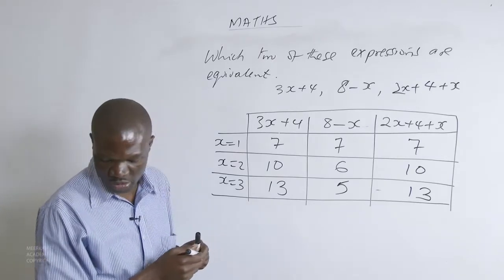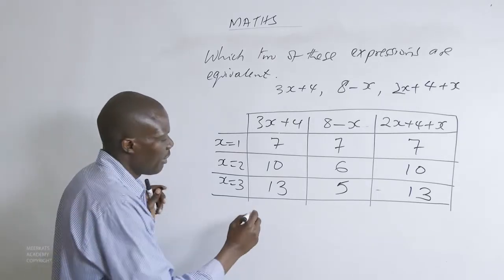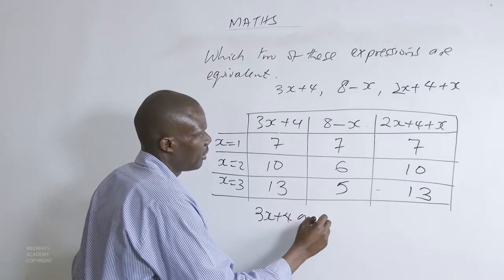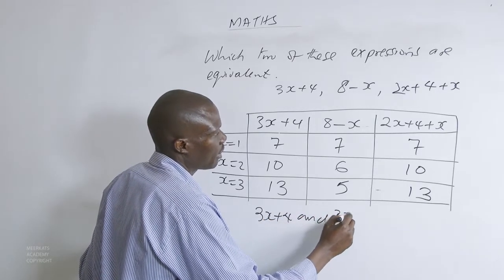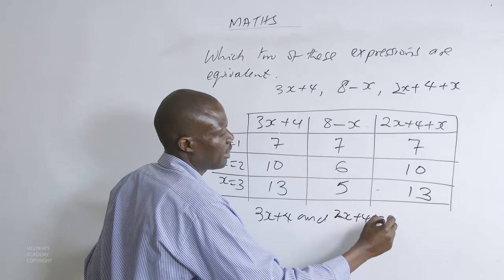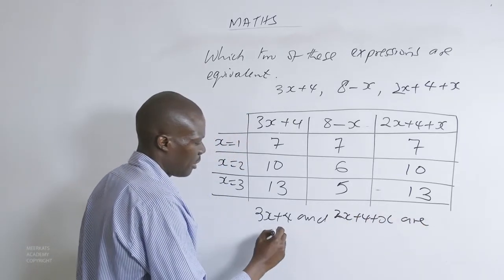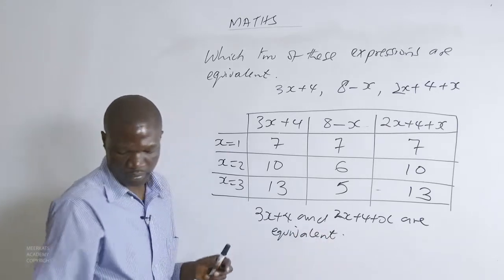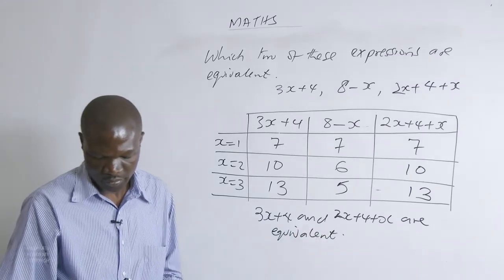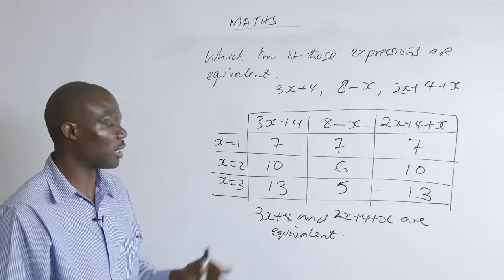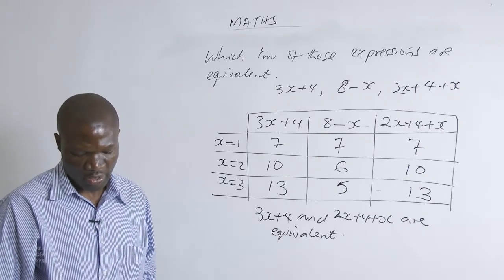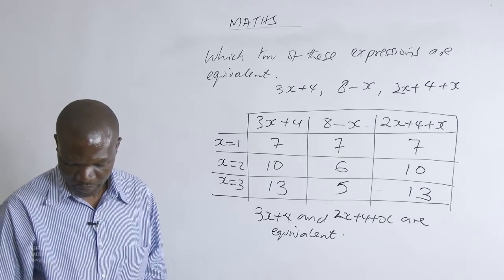So you can simply conclude and say that 3x plus 4 and 2x plus 4 plus x are equivalent. So those are the two expressions which are equivalent.